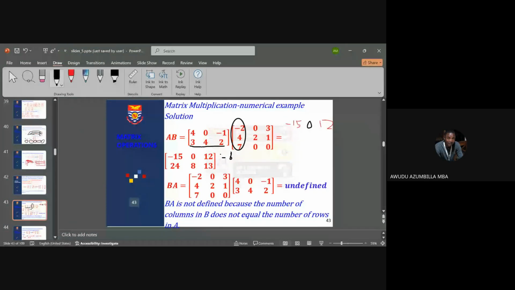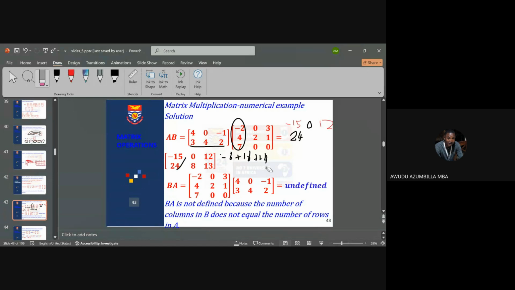Then multiply 4 by 4, which gives plus 16, and multiply 2 by 7, which gives 14. Add all of them together. What are we going to get? It's 24, positive. So that is the first one.